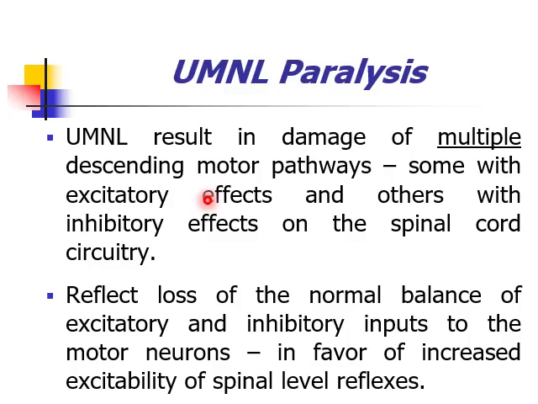An upper motor neuron lesion doesn't involve the pyramidal system only, it involves the pyramidal and the extrapyramidal systems. So this injury reflects loss of the normal balance of excitatory and inhibitory inputs to the motor neurons, in favor of increased excitability of spinal nerve reflexes.